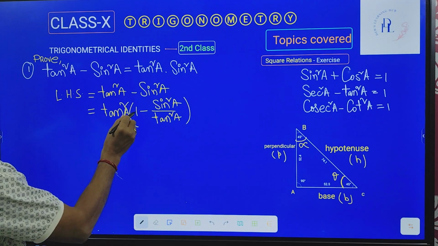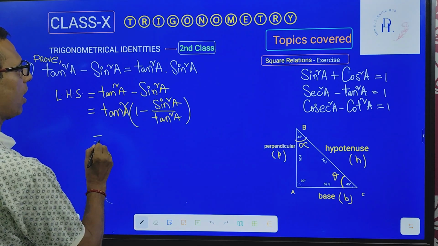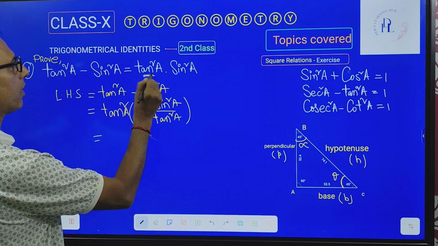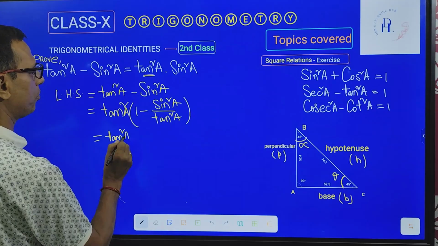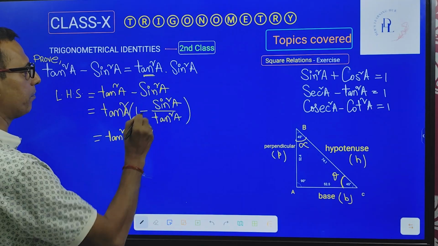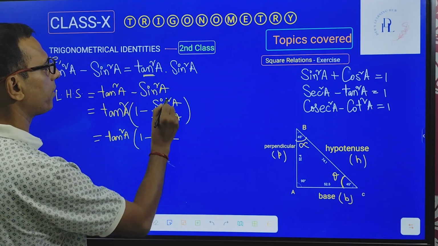Now your tan square A is already there, and here also it is tan square A. Now you need to manipulate within the bracket: 1 minus sin square A by tan square A.